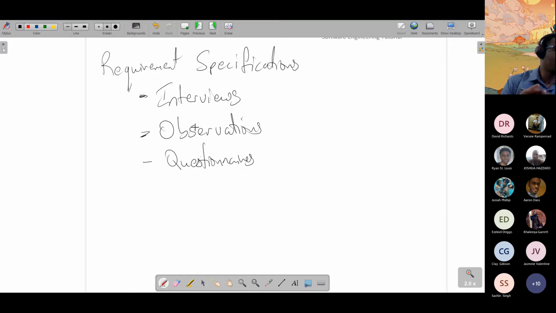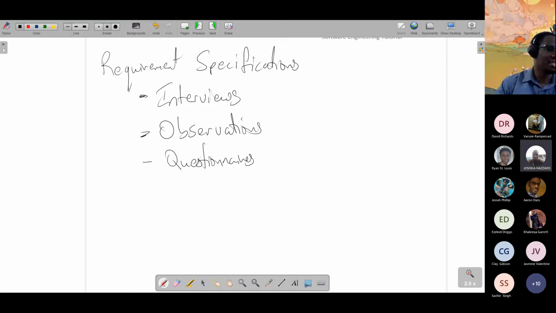Just to remind us, what is the purpose of the requirement specification? It was literally the name of the last class. If you go into the timeline, you would see the name of the last class was what?